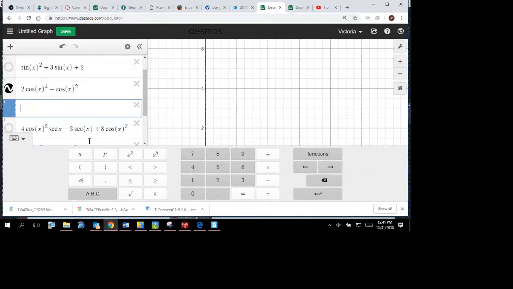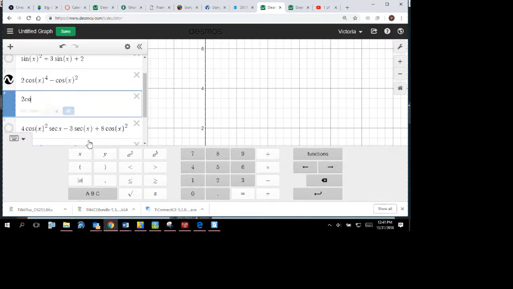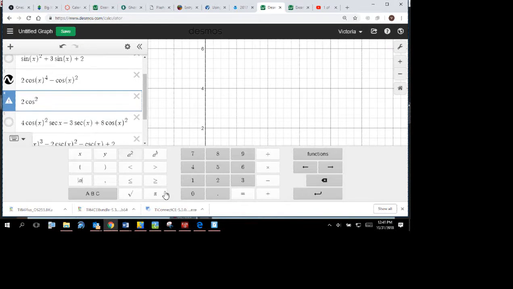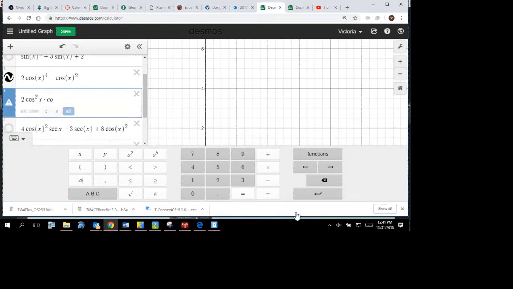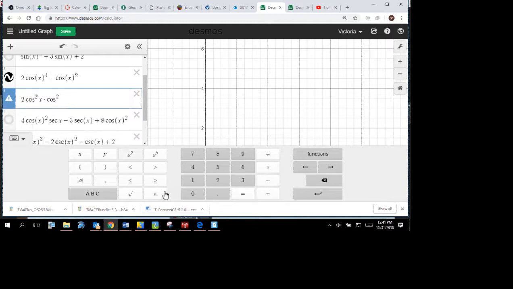You could write 2 cosine and then hit that squared x and then times cosine squared x, maybe. I think that's how I did it last year. Minus cosine squared x.